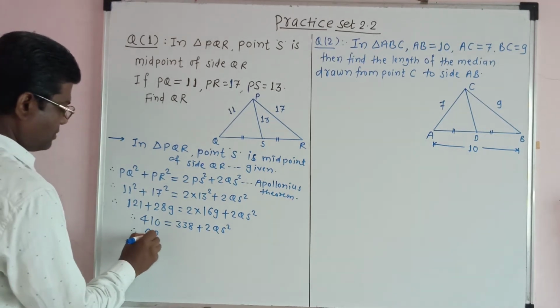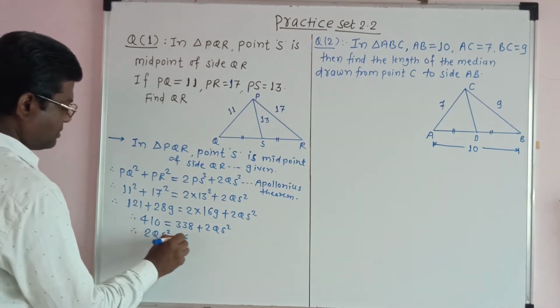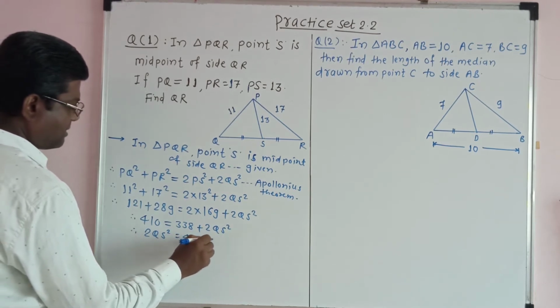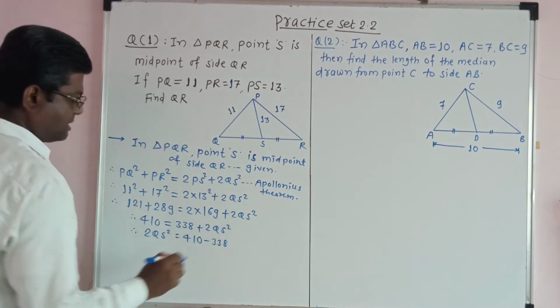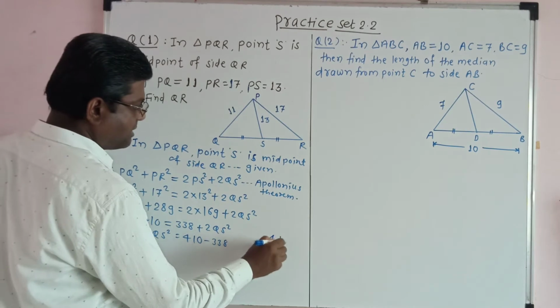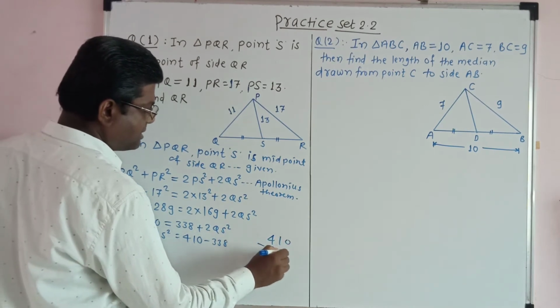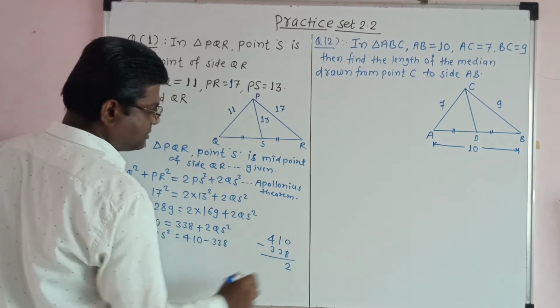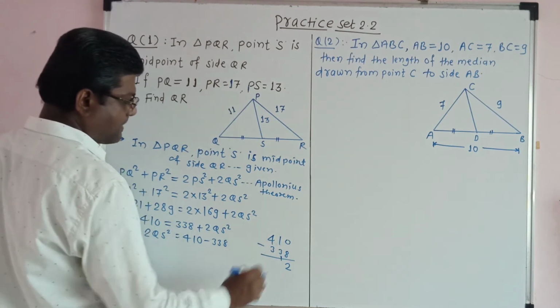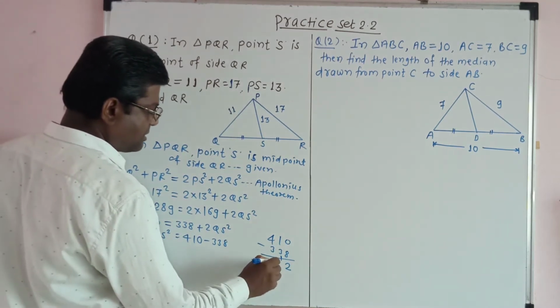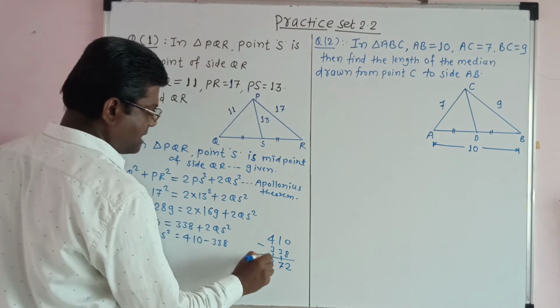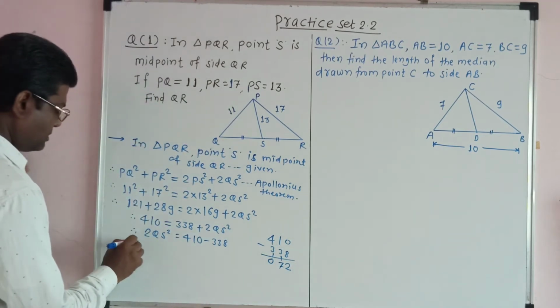Therefore 2 into QS square is equal to 410 minus 338, that is 72.